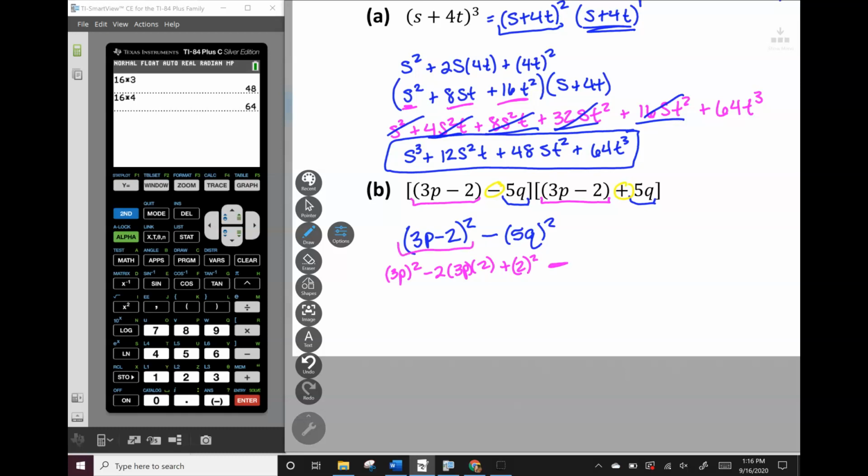And then we've got a minus 5q squared, which is 25q squared. Okay, I'm going to simplify this on the left. That's going to be 9p squared minus, multiplying all of that, gives me 12p. And then plus 4 minus 25q squared.